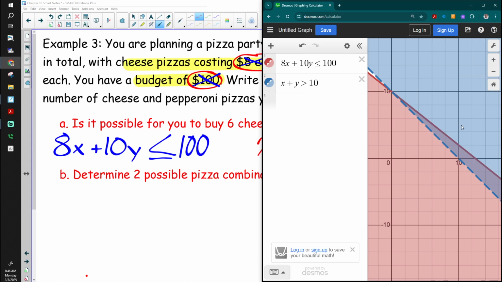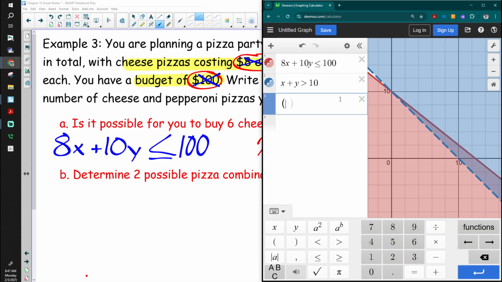Okay? Our first problem asks us, is it possible to buy 6 cheese and 6 pepperoni? So as a point, that's the point (6, 6). I'm going to take a look at my point.